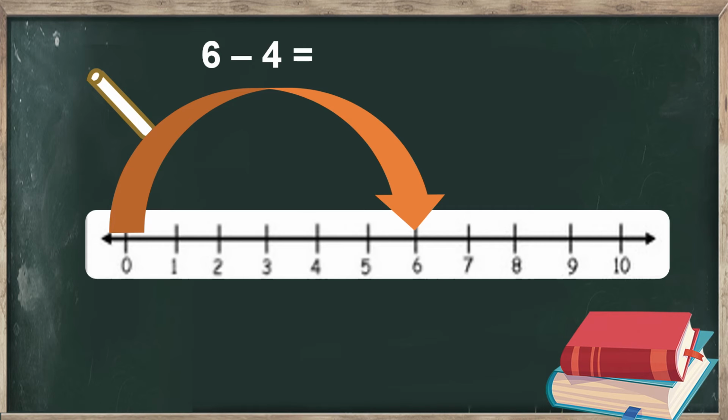So we will do backward counting 4 steps backward. 5, 4, 3, 2. We reach at 2. So we will move from 6 to 2. So 6 minus 4 is equal to 2.